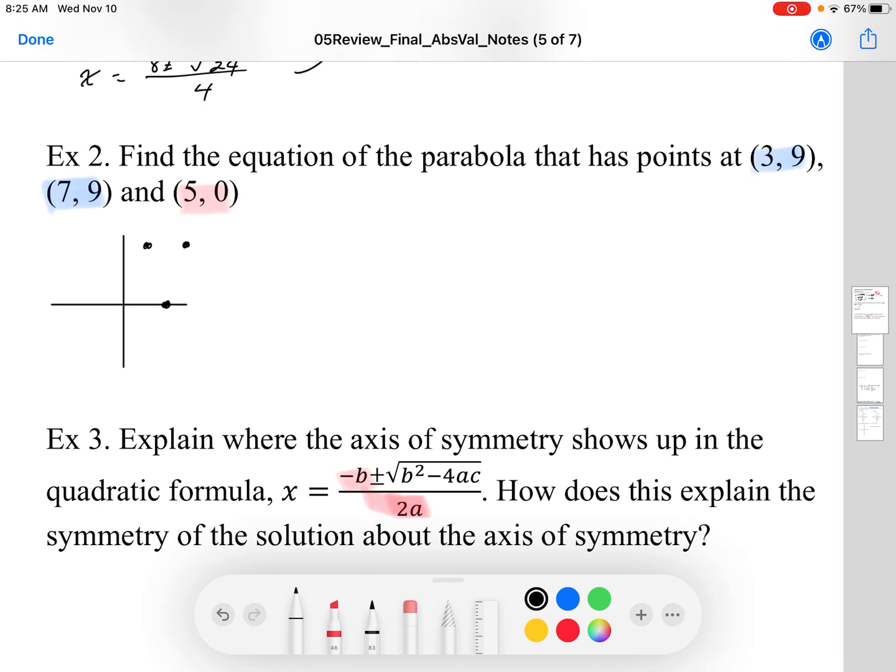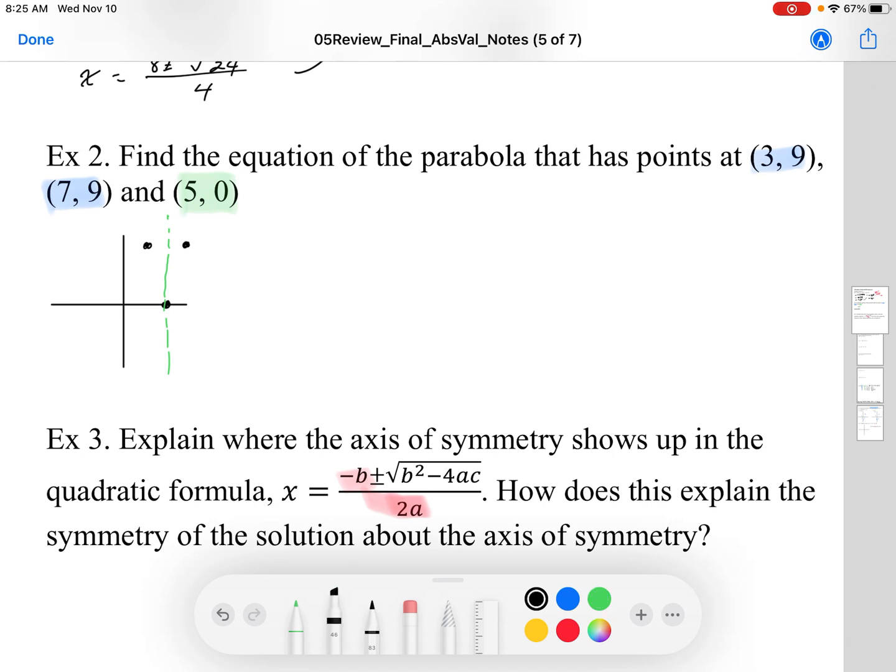And because that point is in the middle, okay, so if you recognize that it's right through the middle here, it's going to be right through the middle. That must be the vertex.